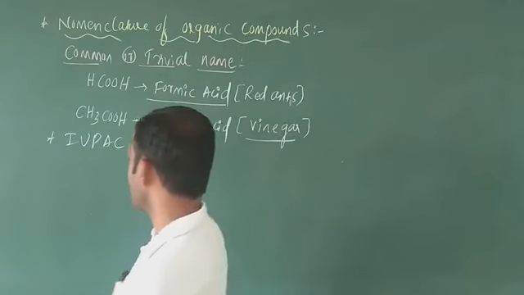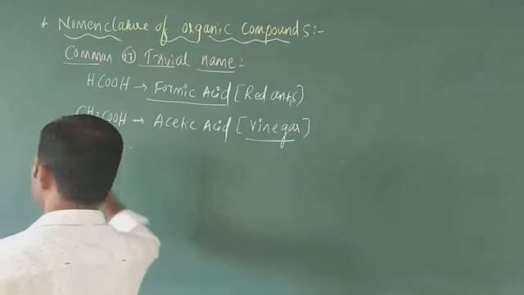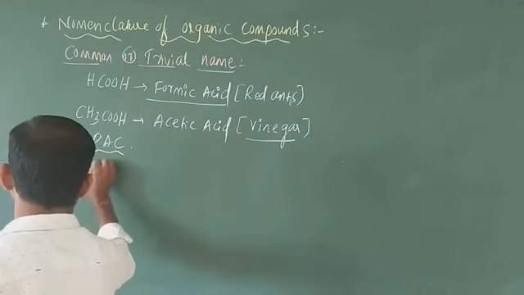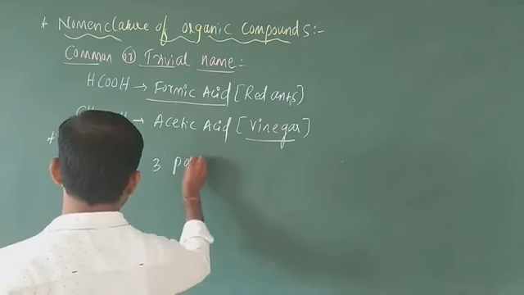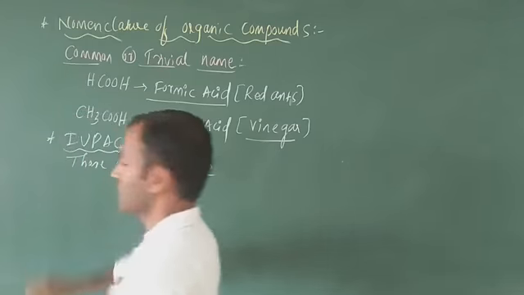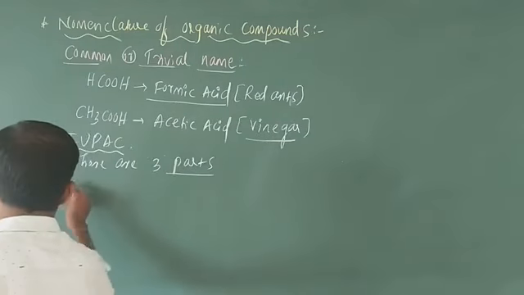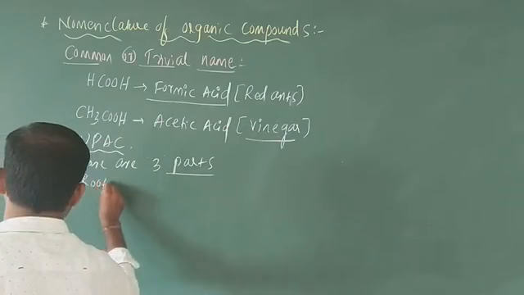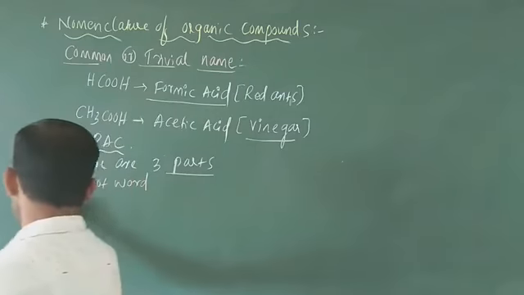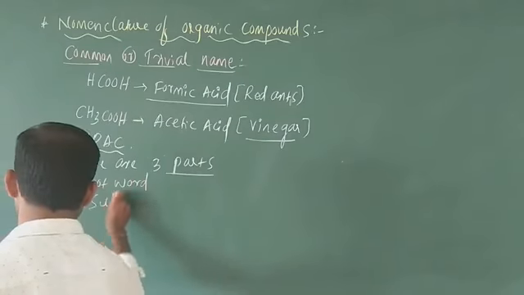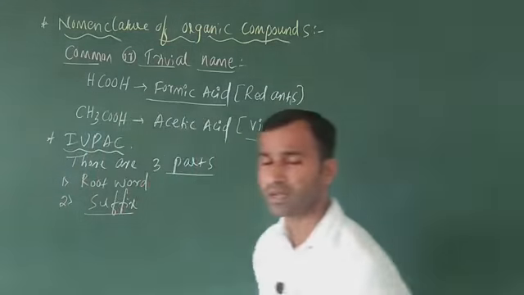There are three parts. The first part is the root word. The second is the suffix: if a functional group is there, we apply the suffix.